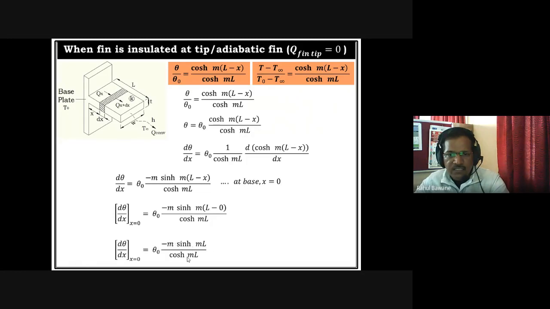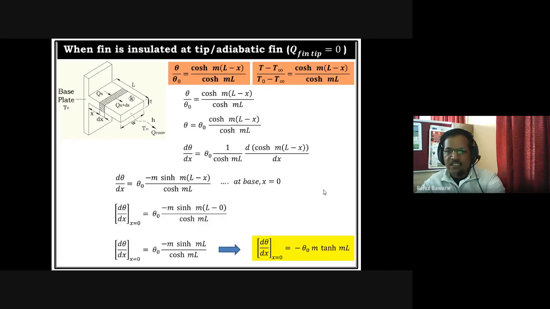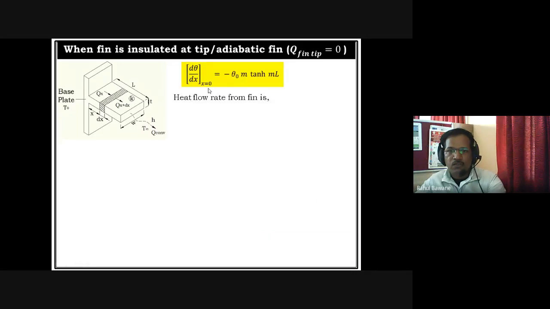So it becomes simply sinh mL, and in the denominator cosh mL. So sin upon cos, we know the relation, it becomes minus theta 0 m tanh mL. So we got the relation for d theta by dx at x equals 0.